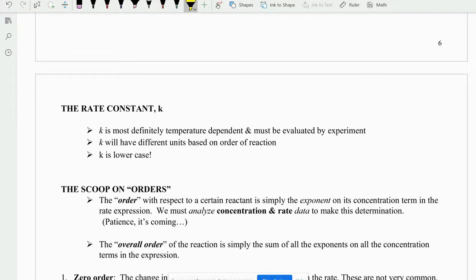Depending on the order of the reaction, and we'll talk more about that in a second, k is going to have different units. The rate constant is also temperature dependent. And again, it must be determined and evaluated by experiment. In a little while, I will derive and show you all of these units and what the units would be for k depending on the order of the reaction.